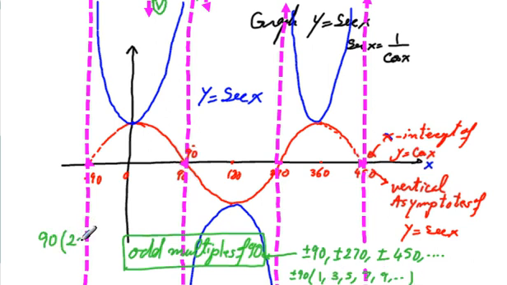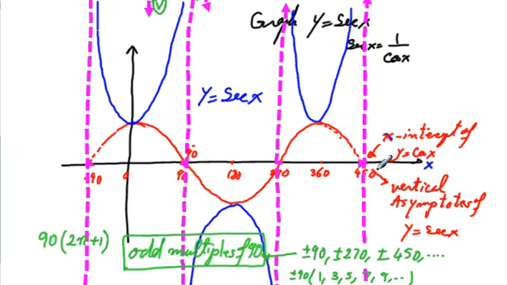This is one way: 2n plus 1, where n is an arbitrary integer. Like n could be 0, 1, 2, 3, any whole number. You plug it here, 2n plus 1 automatically becomes odd and goes through all of these numbers and their negatives. You multiply by 90, that tells you where your vertical asymptote is going to be.